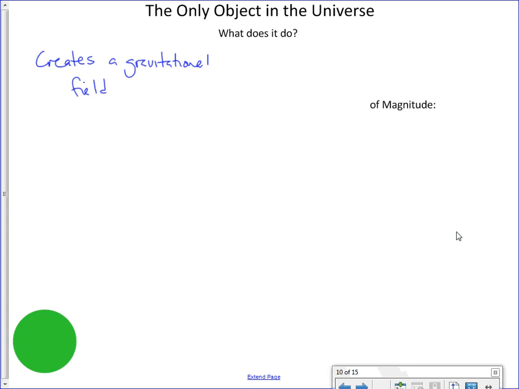And so we said that if we look at different locations in space, at different distances away from the center of this object, there are different gravitational field strengths. All right? The strength of the field made by this mass depends on a couple of things. It depends on the mass of the object, and it also depends on how far away from the object the place in space we pick is.